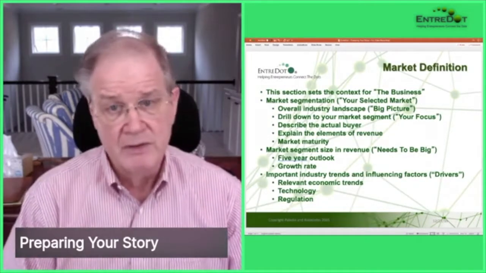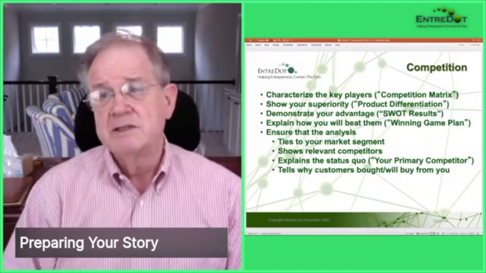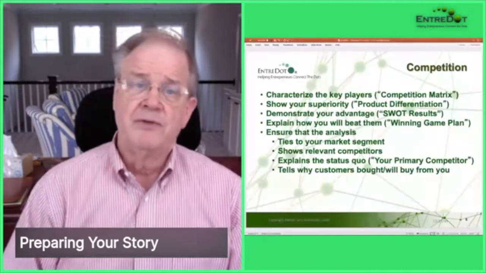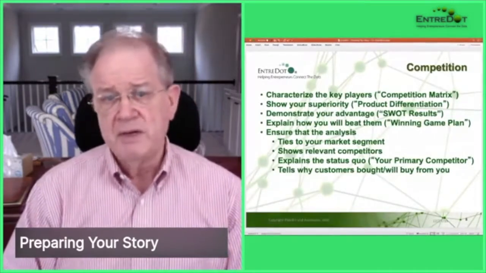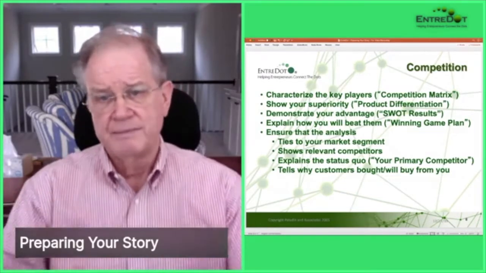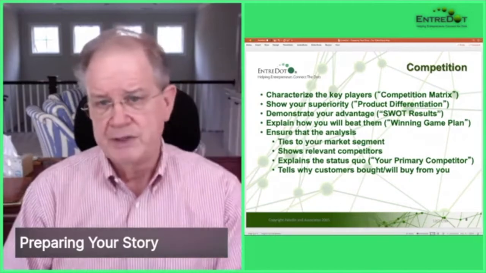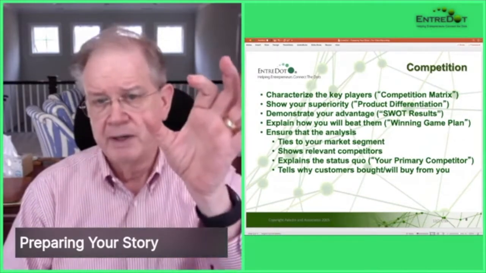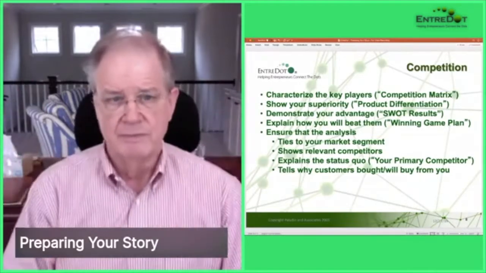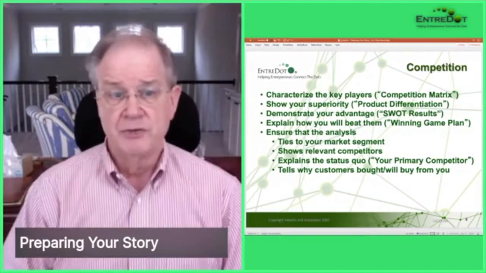So now you've explained the market. Then you're going to say, well, let's talk about who else is in this market, the competition. So you characterize the key players, and I suggest you do that via a competitive matrix where you're comparing, feature by feature, your company against the 2 or 3 other main players, not 15 of them, 2 or 3, and show your superiority.